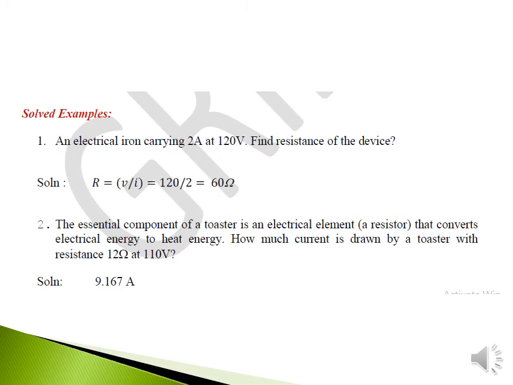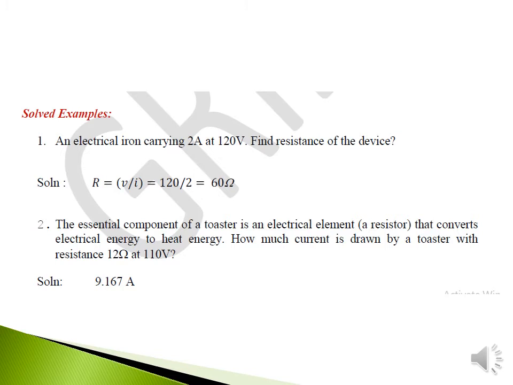Second example: the essential component of a toaster is an electrical element, a resistor that converts electrical energy to heat energy. Yes, it is true, we use it in daily life. How much current is drawn by a toaster with a resistance of 12 ohm at 110 volt?